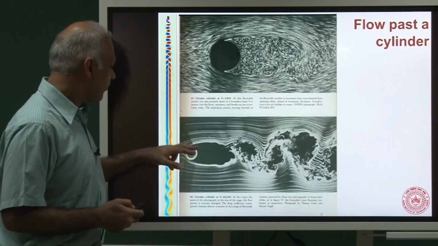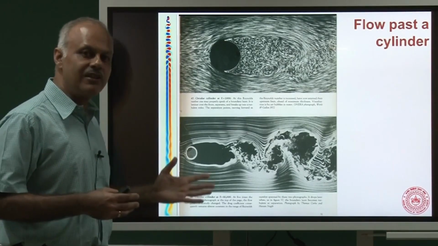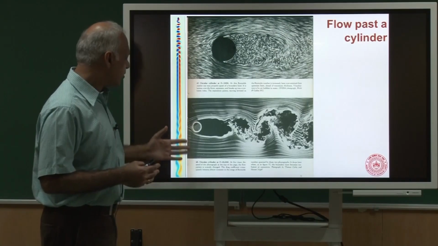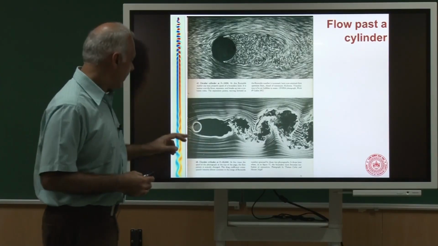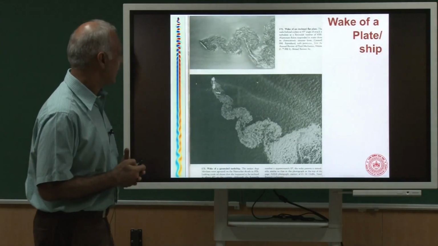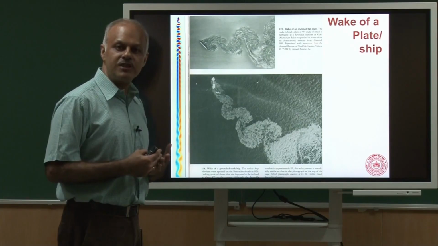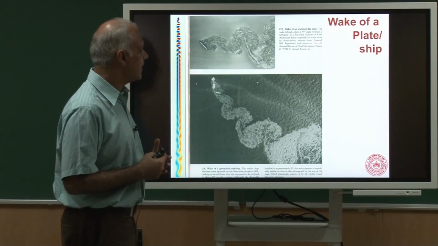Okay. The flow very close to the body is still laminar. Okay. And I will show you some slides that as you keep increasing the Reynolds number, even this flow can now become turbulent.